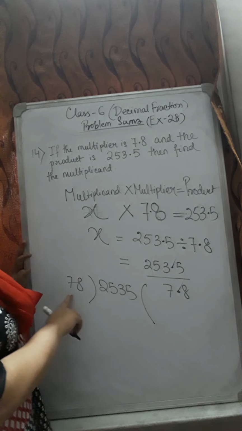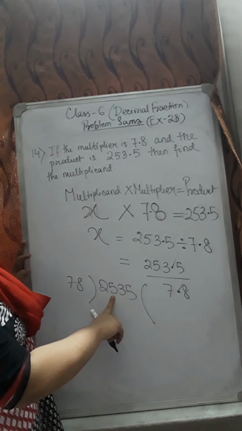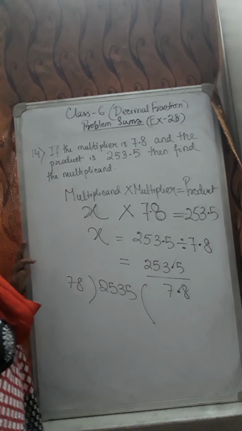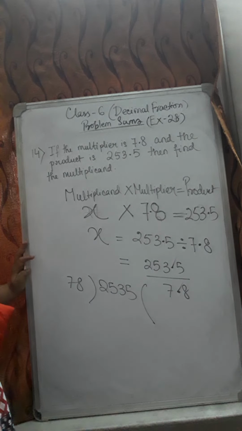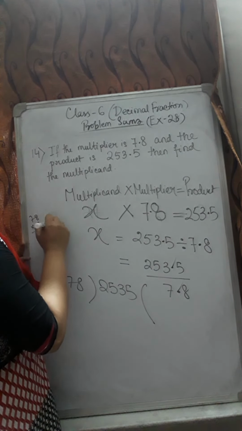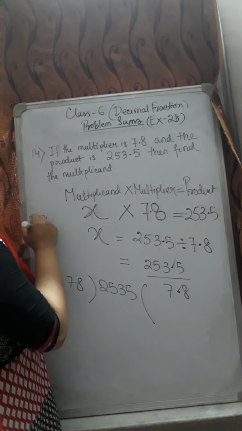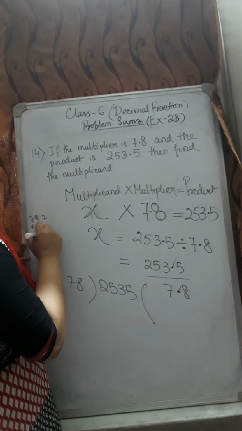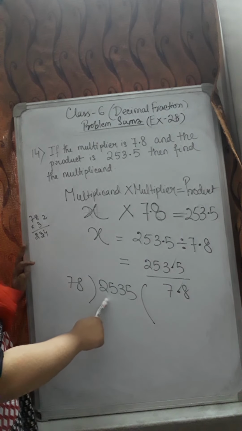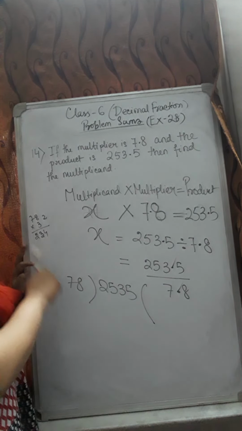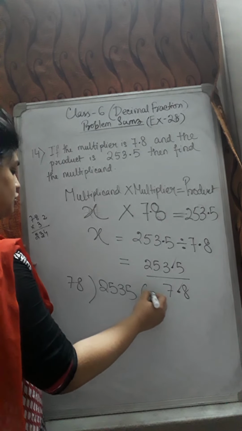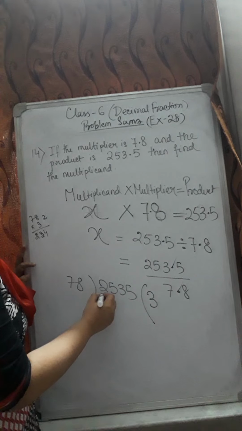Now 78, can you divide 25? No. So you have to start with 253. 78 3s give 234. So 234 is less than 253, but if you do 78 into 4, it will give a much bigger number. So we are doing it with 3.